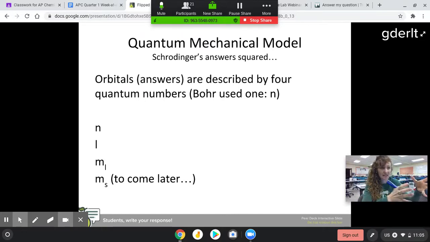Being able to analyze data and understand how it pertains to your conclusions. I don't want you just to memorize the quantum mechanical model. I want you to understand why we're here and how this model is not perfect either. But hopefully some of you are going to keep playing with the evidence we still don't understand and honing in on our quantum mechanical model.